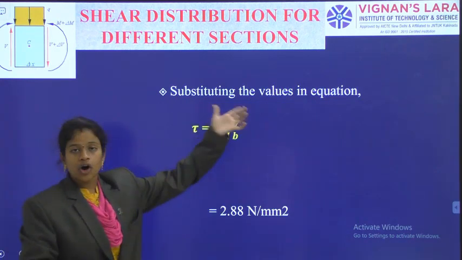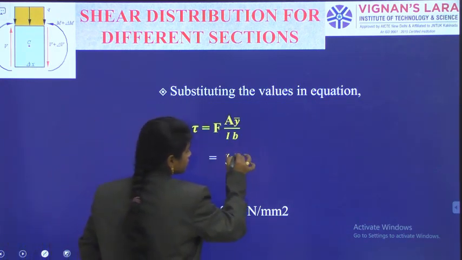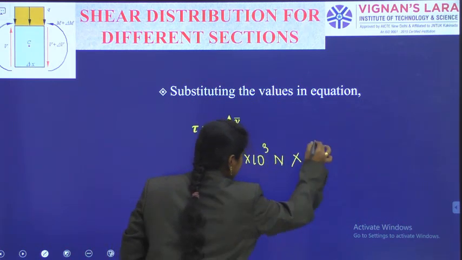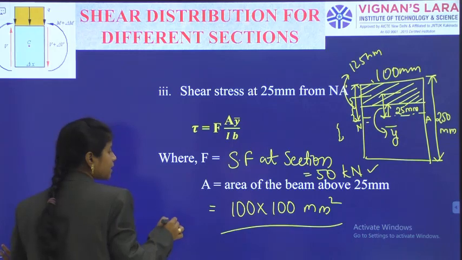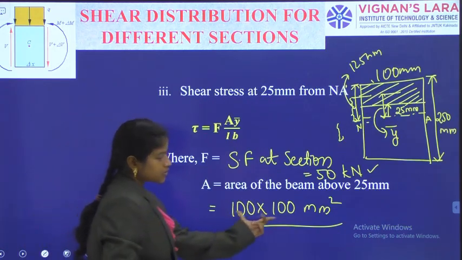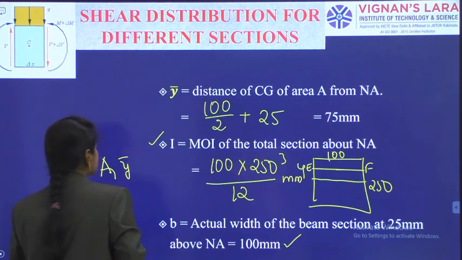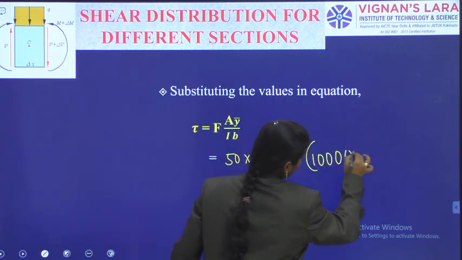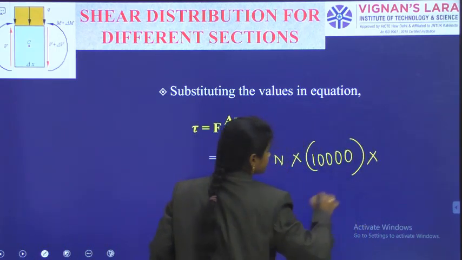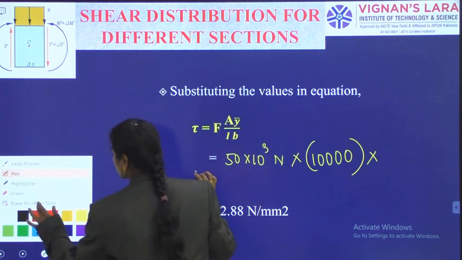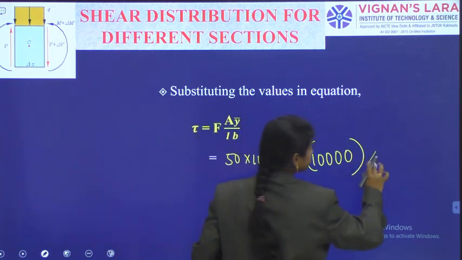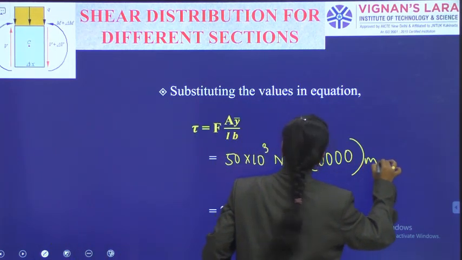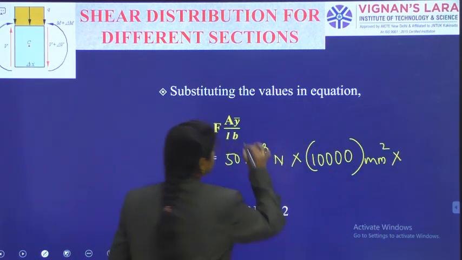Substituting all these values: F is 50 into 10 cube newtons. The area of the shaded portion is 100 by 100. If you want, you can write the units for reference, no need to indicate them here.